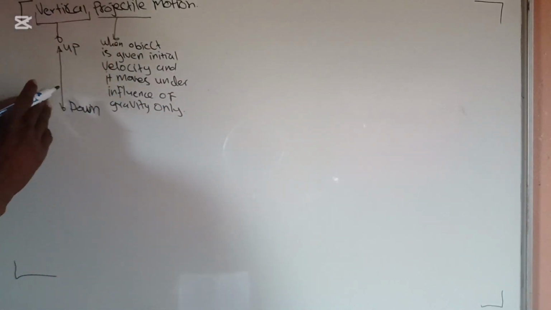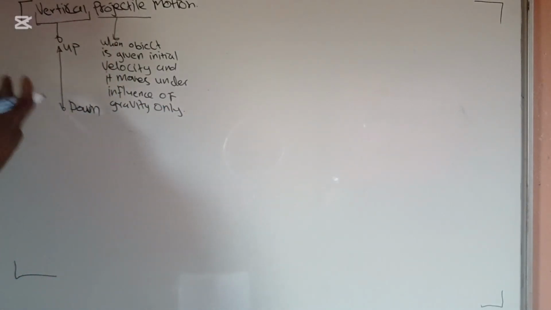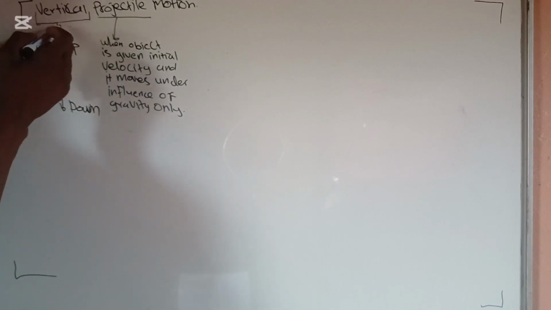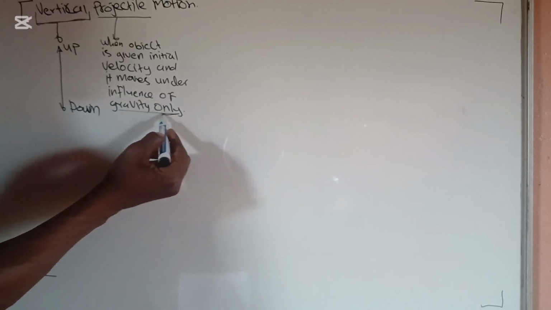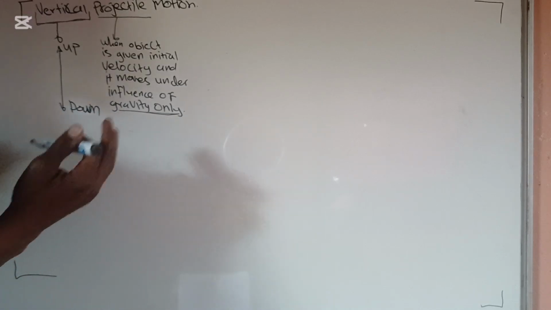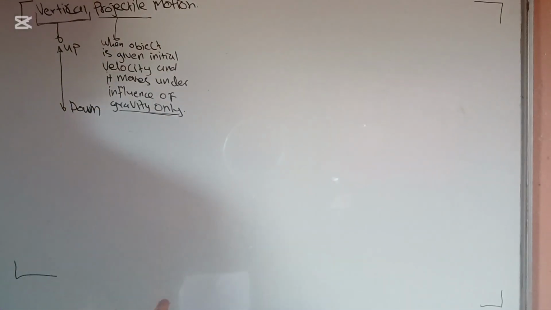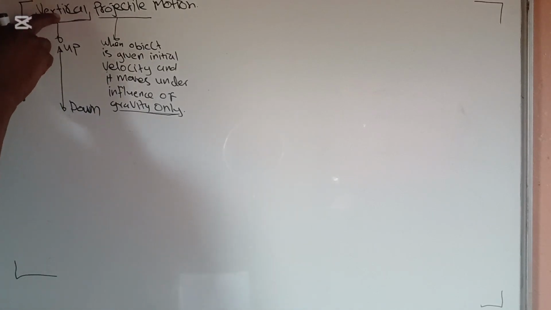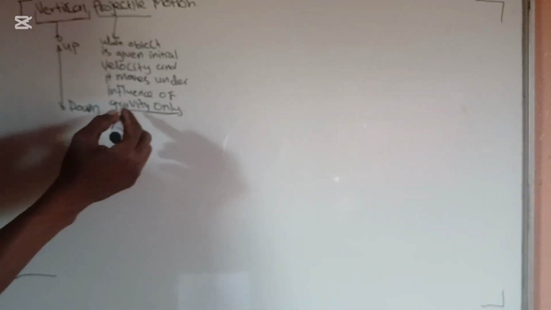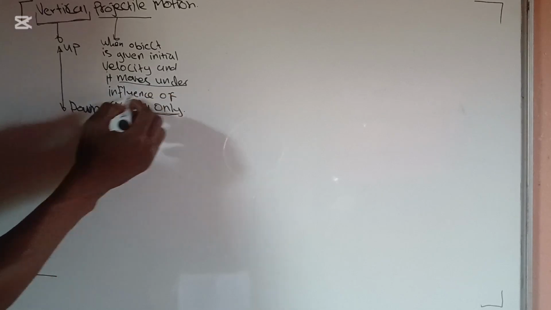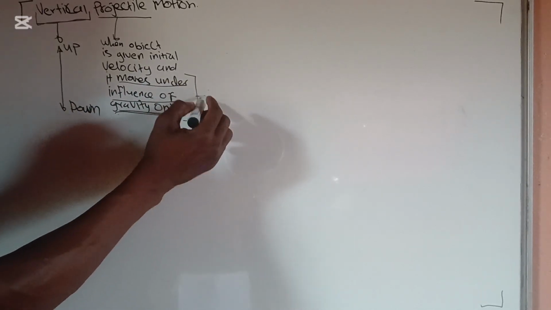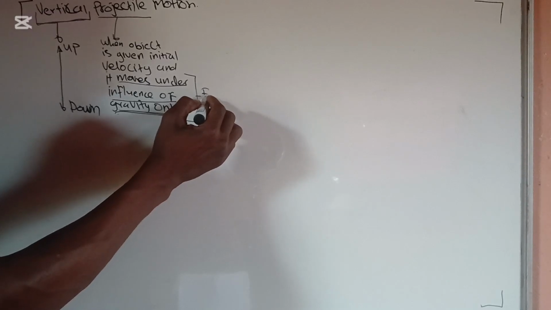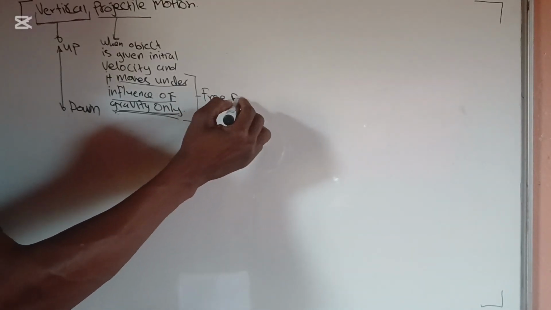Now, a projectile will be given what? Initial velocity. It's vertical. That's why gravitational force is acting on the object, because the object is moving from up to down. Now, if it is moving under the influence of gravity only, this is called free fall.